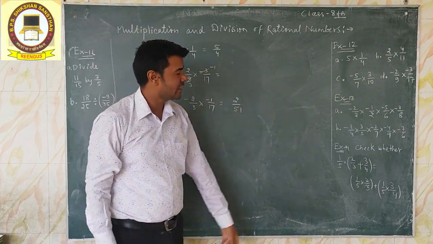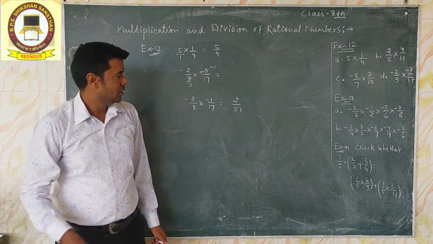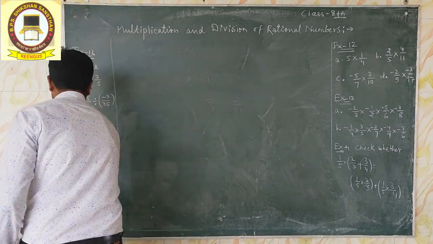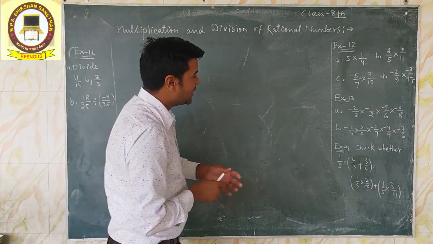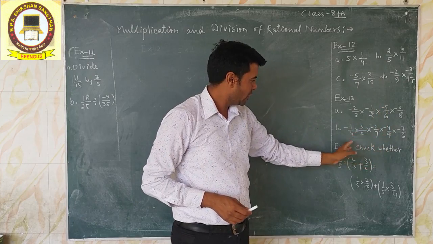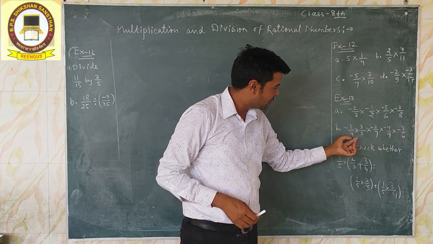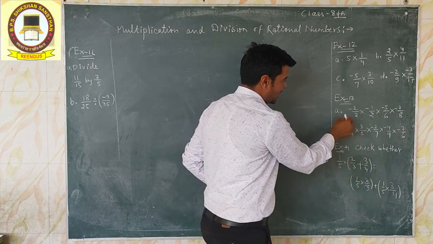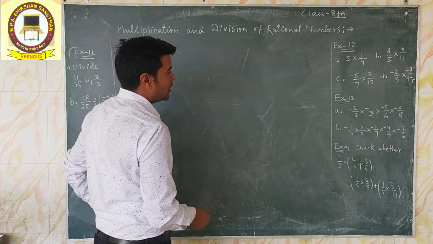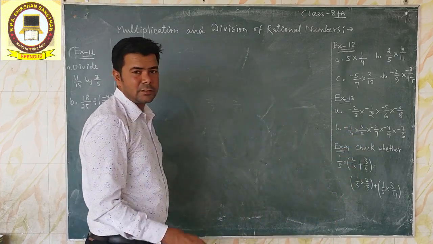Next we see example 13. Example 13 has four rational numbers which you have to multiply. There are two questions, and I solve question A and you solve question B. These are examples in your textbook.